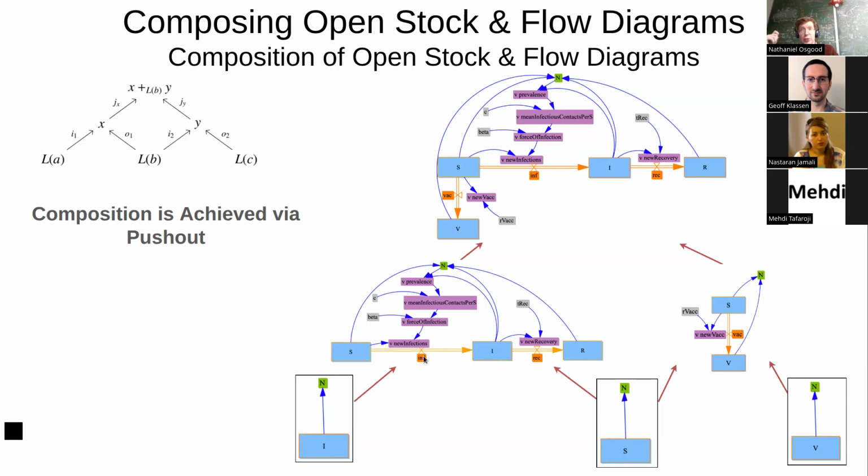This shows the most basic and most heavily explicated, where we identify stocks that are held in common between 2 different diagrams. So we identify S here, for example, with S here. And by the fact that those are shared between these 2, we can take a pushout, and rather than putting these 2 diagrams side by side, we identify as common that S stock, and we unify them around that, and they share that stock.